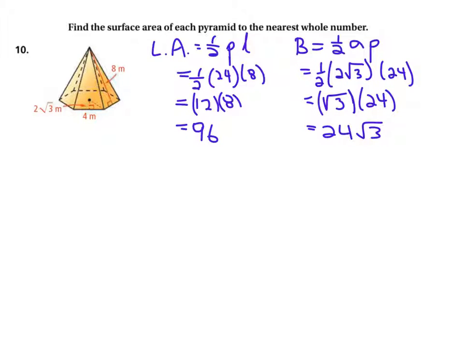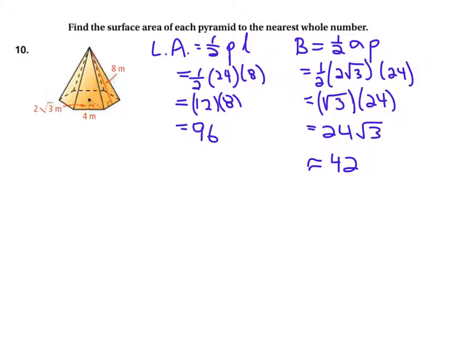Okay, they say to the nearest whole number, so we're going to want to calculate what is 24 times the square root of 3. So square root of 3 times 24, and we get approximately 41.56, so that rounds up to 42.